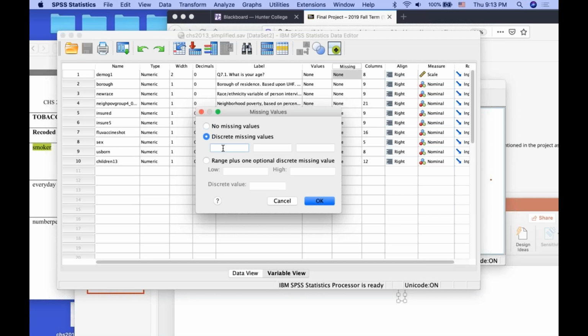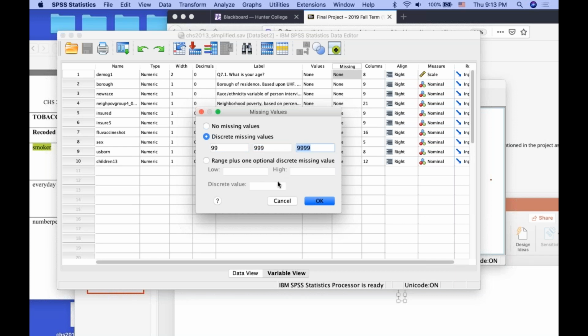So you can tell it that if you see a 99, or a 999, or a 9999, those are discrete missing variables. And you can use 99 for when they didn't answer, when they refused, 999 because you forgot to ask.